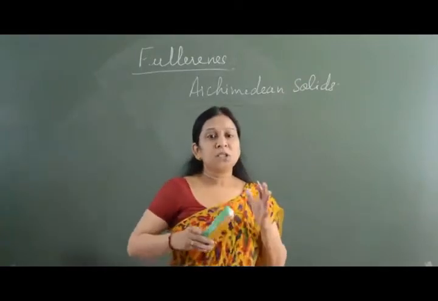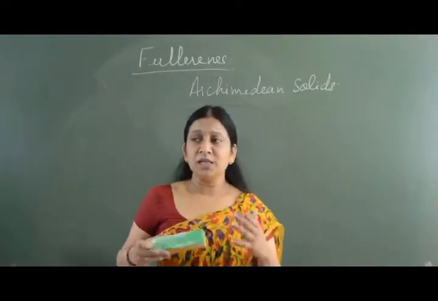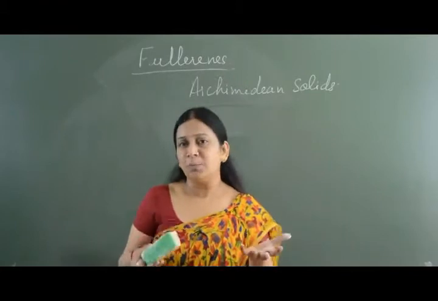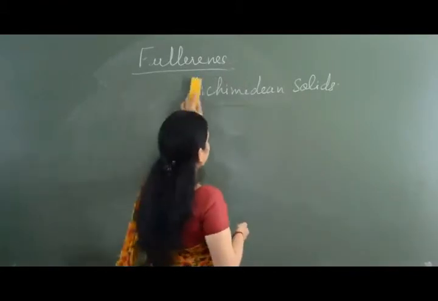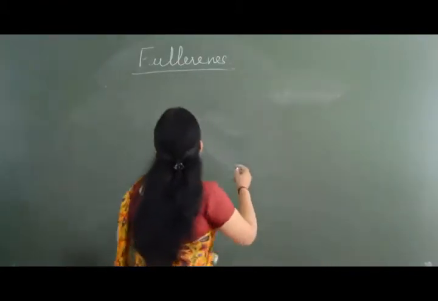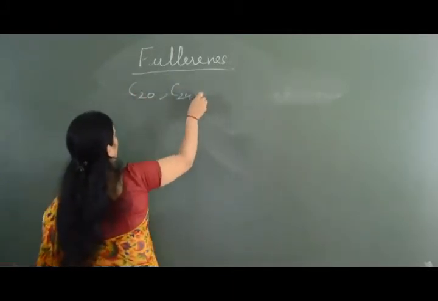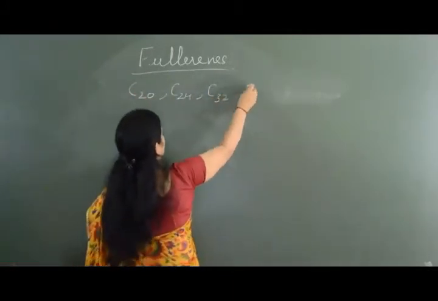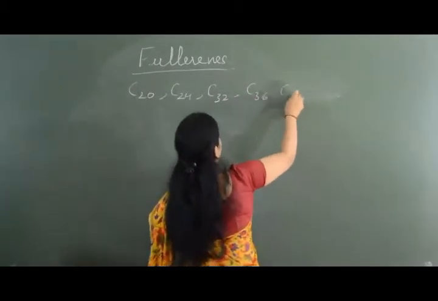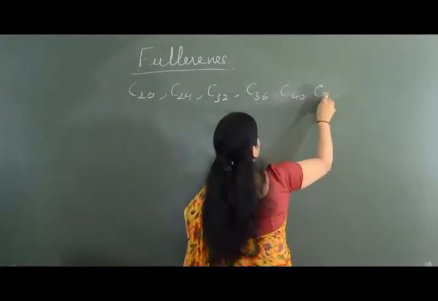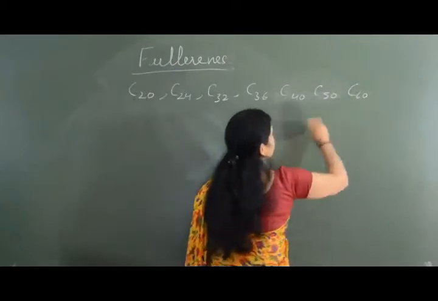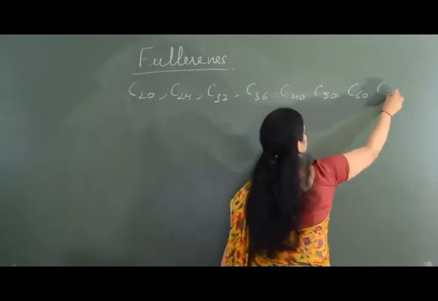Secondly, the discrete molecule of fullerene is actually a cluster of carbon atoms. So we have different types of fullerenes like C20, C24, C32, C36, then we have C40, C50, C60 and C70.